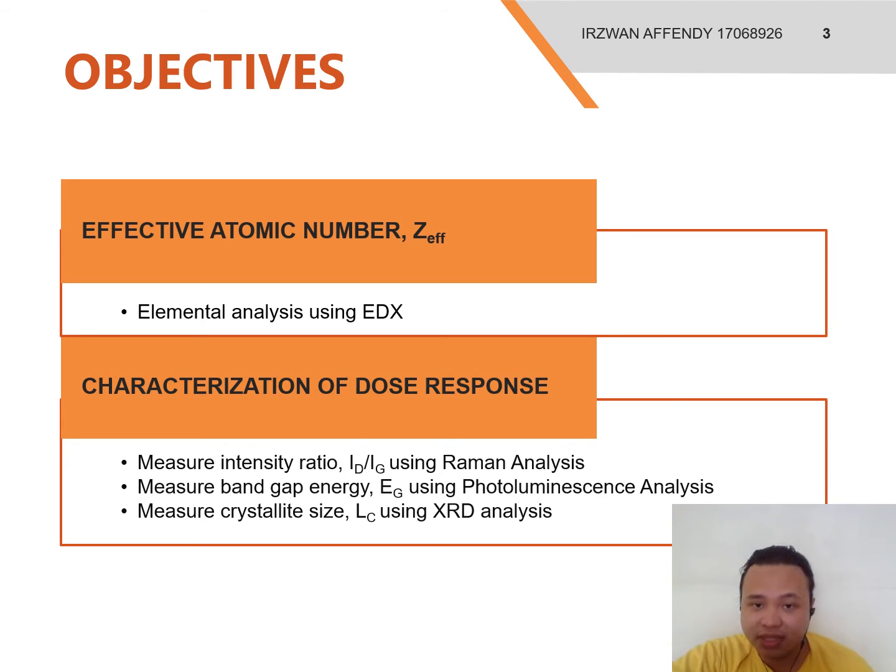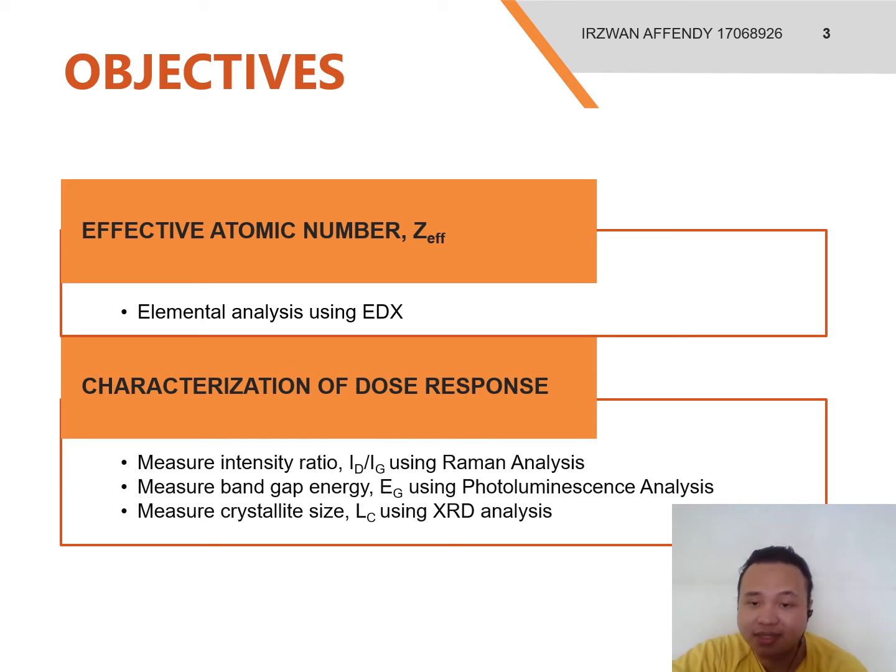Now, before we proceed, it is important to note that for a material to be considered as a dosimeter, it must have at least these two basic properties. The first one is that the effective atomic number of the material needs to be equivalent or near to that of human soft tissue, which is around 7.4.